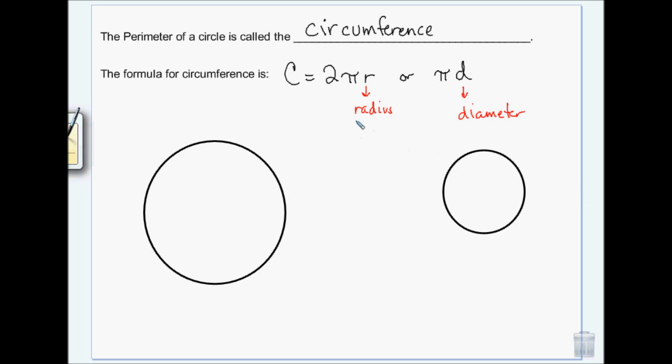Radius is halfway across and the diameter is all the way. So if I give you diameter is 12, okay.